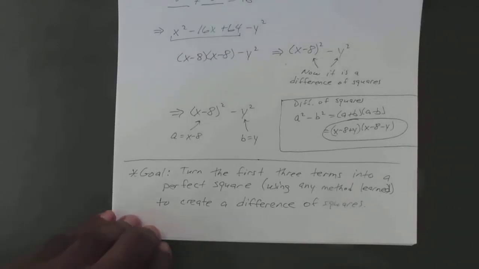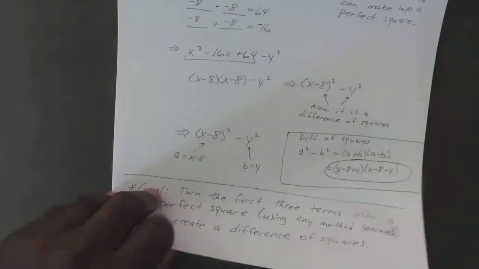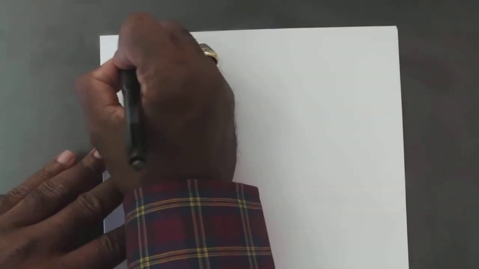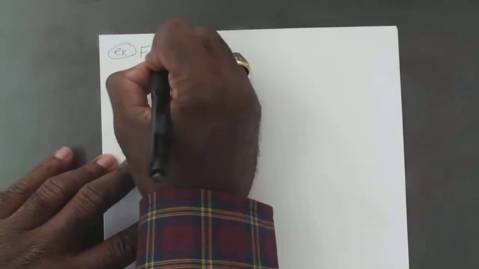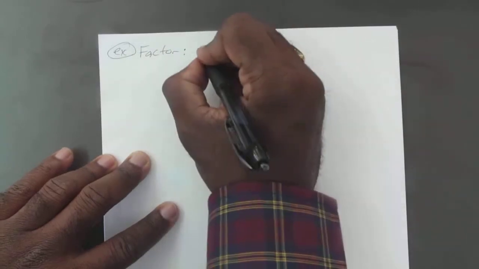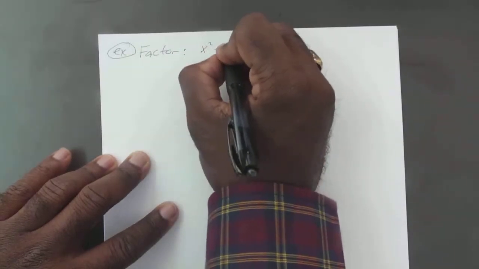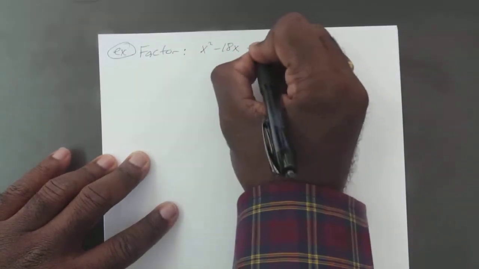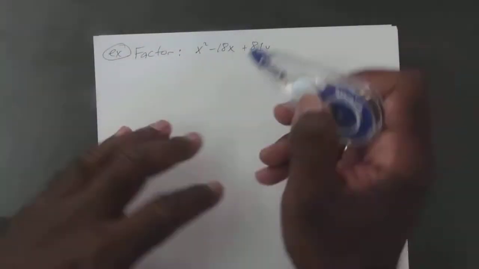All right. Okay, so let's go to another example. Okay, so let's say, for example, we wanted to factor x squared minus 18x plus 81 minus y squared.